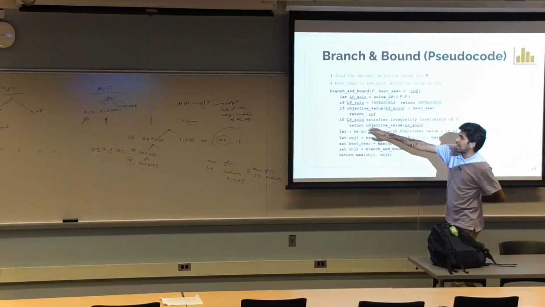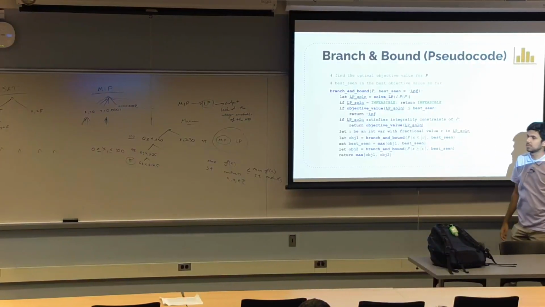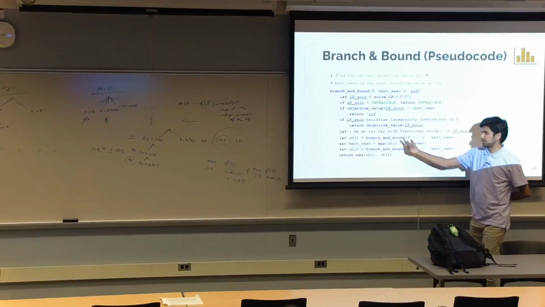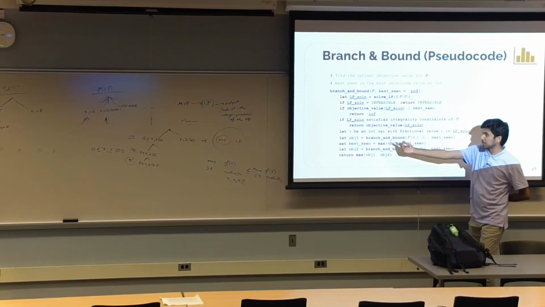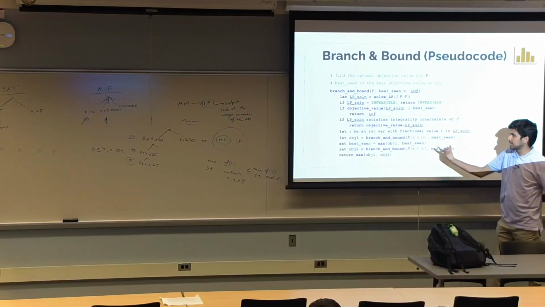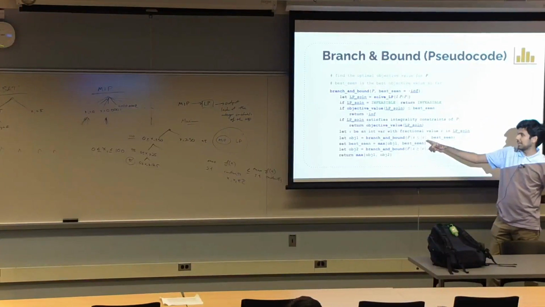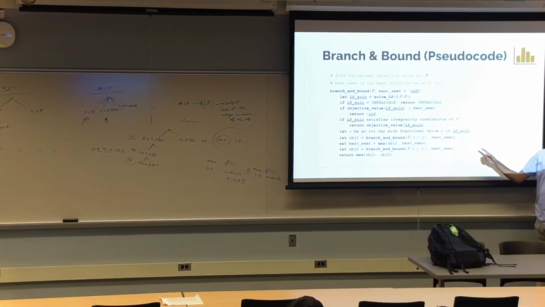Otherwise, if LP happens to satisfy all the integer conditions of our mixed integer program, then we'll return that. Otherwise, choose a variable that's supposed to be an integer, but was not assigned as such by our linear program. And then branch. Go test the bound when it's less than or equal to that value, or greater than or equal to the value. And then go as before.